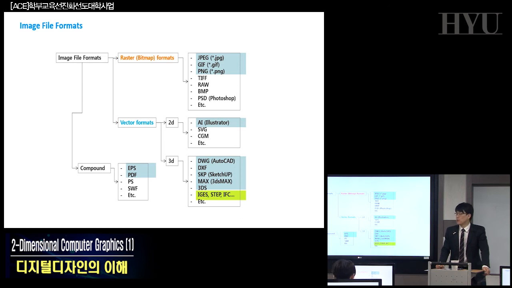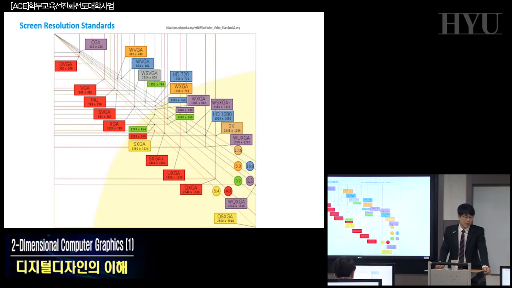I uploaded PDF files for course material on the course website. PDF files contain vector images such as line drawings or fonts. Typing, texts are all in vector, but some raster images can be added. That's why we say compound format.